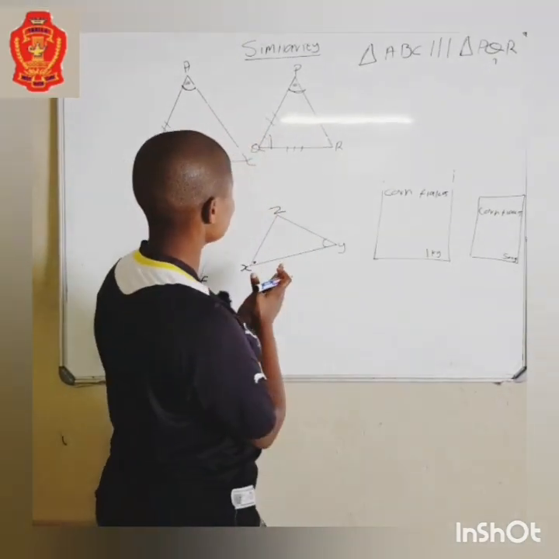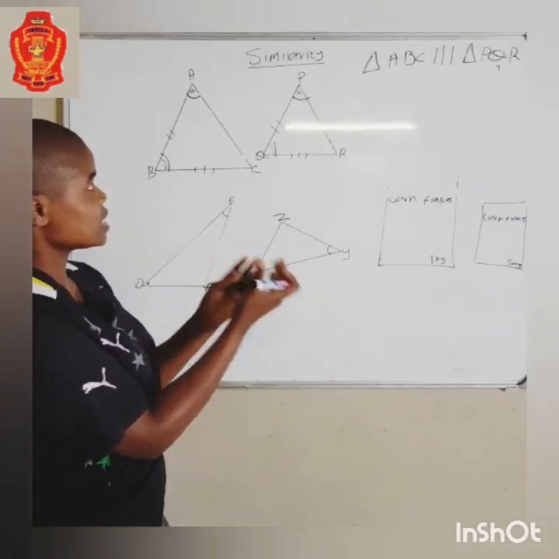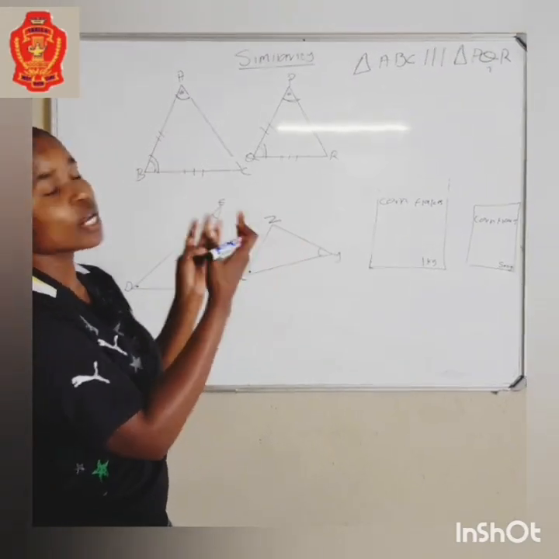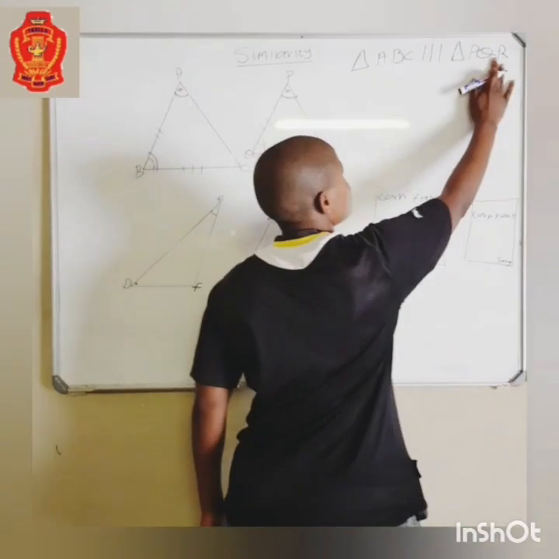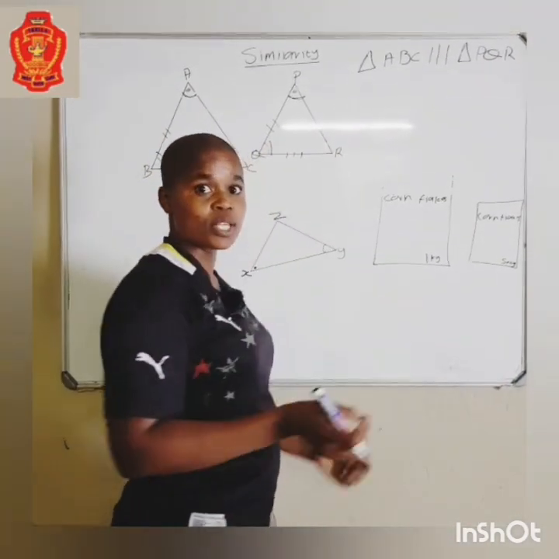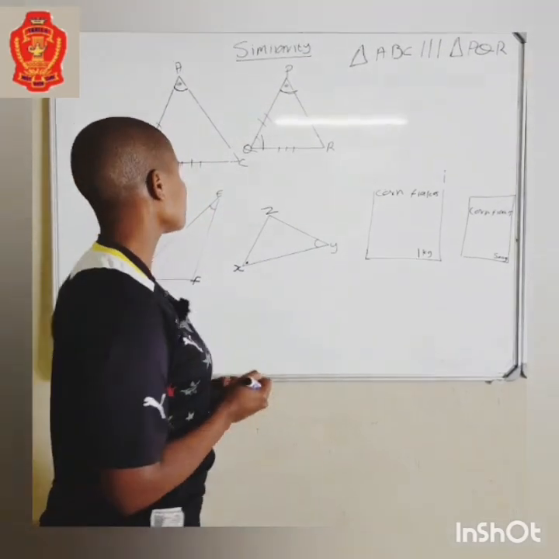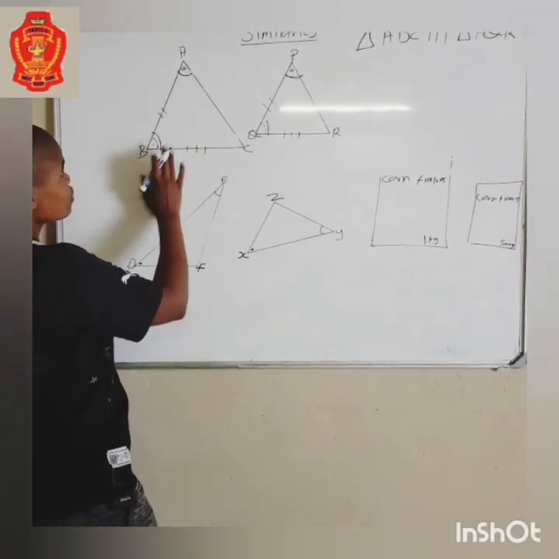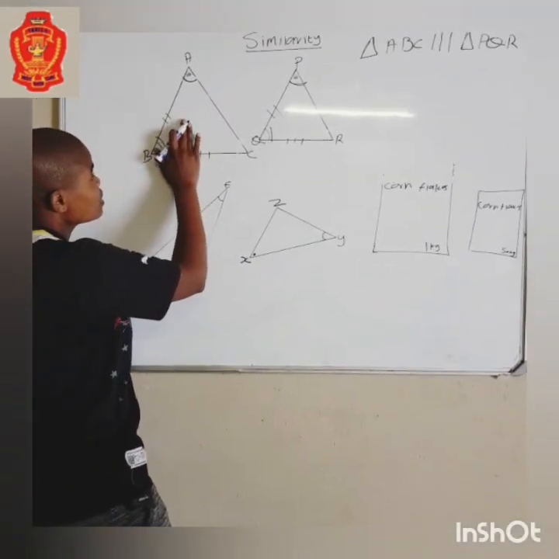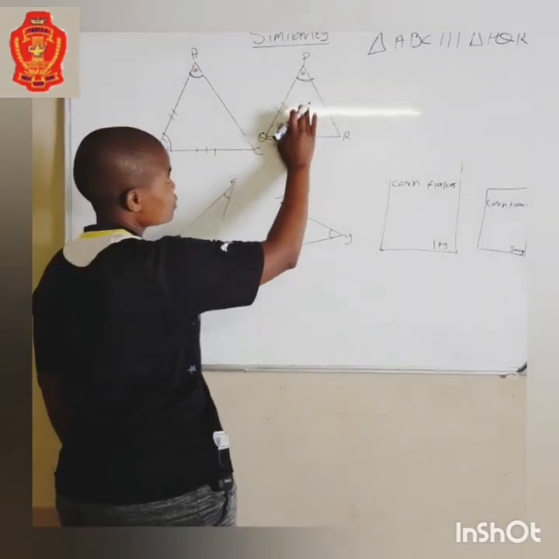Let's say, for example, they gave you these two triangles and they said these two triangles are similar. Prove. Remember, this type of math is a math where whatever we do, we must have reasons for. Okay, so now we have triangle ABC, which is similar to triangle PQR.